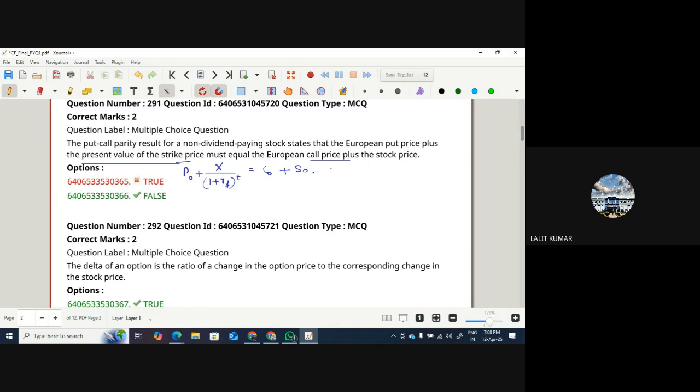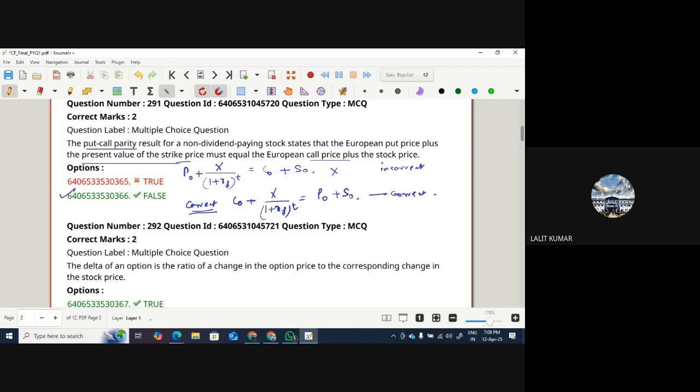But we know that this is wrong. The put-call parity result is opposite. This is incorrect. The correct one is C0 plus X over (1 plus RF) to the power T is equal to P0 plus S0. This is the correct one, so the statement is false.